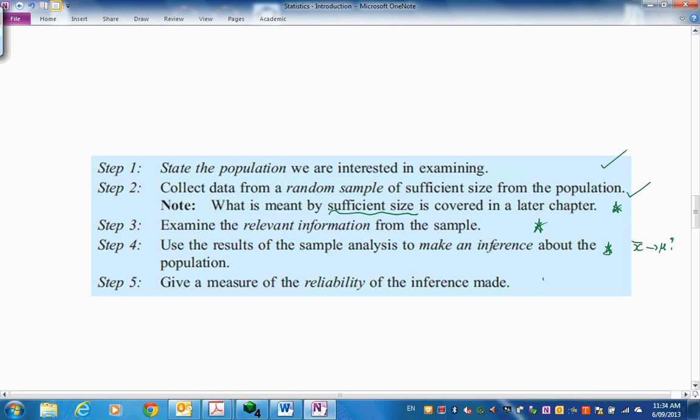And then, this is the interesting thing, which really does make some mathematics students particularly a bit frustrated, because we've got to give a measure of the reliability. There won't be an exact answer, will there? Inference, we're going to make some suggestions about what we've found, but we haven't measured mu. Oh no, we haven't measured them all, because we'd wear them all out and then there'd be nothing to sell, mate.